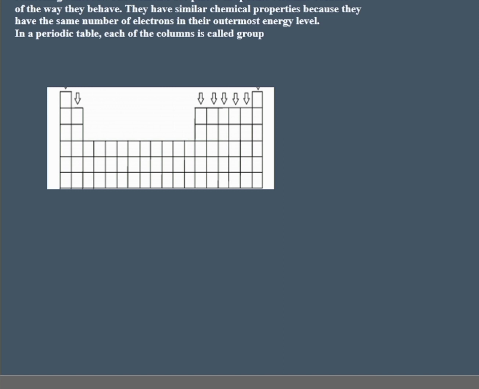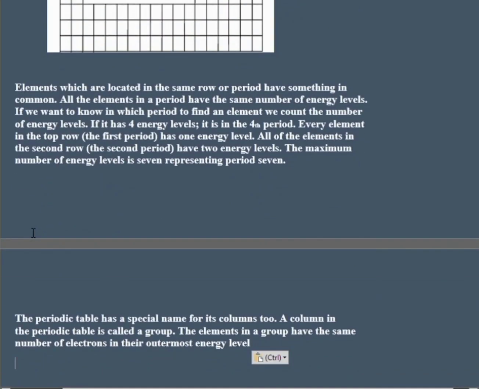The periodic table has a special name for its columns, where we say that columns are called groups. The elements in a group have the same number of electrons in the outermost energy level. So elements located in the same row are in the same period.